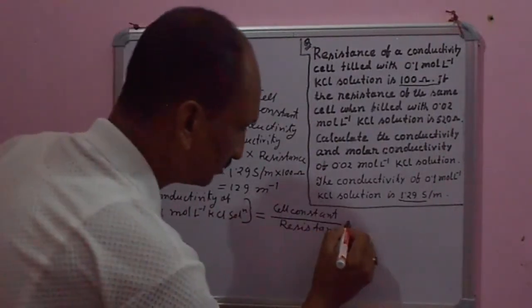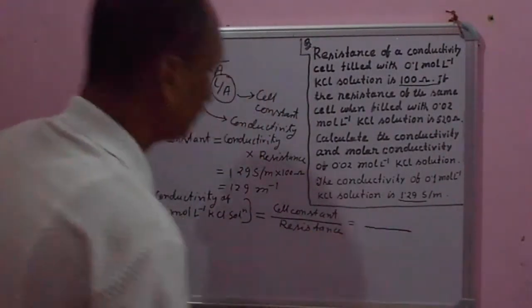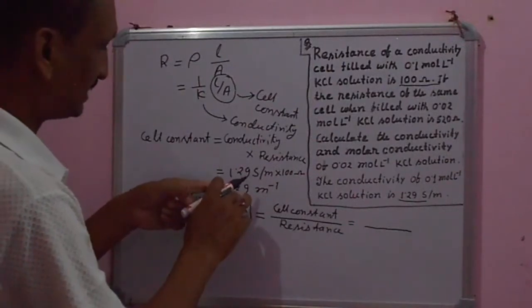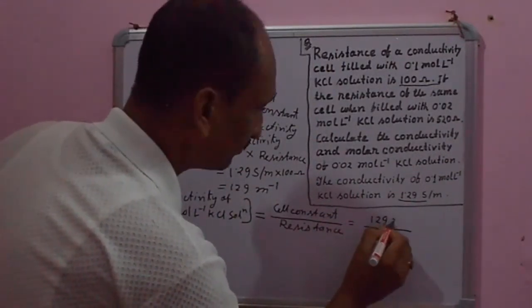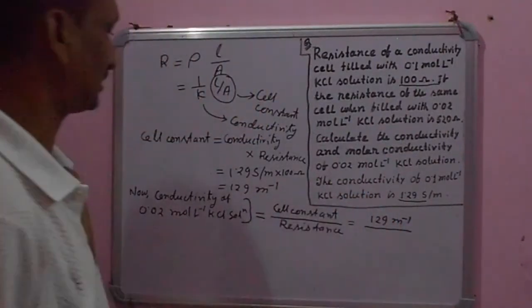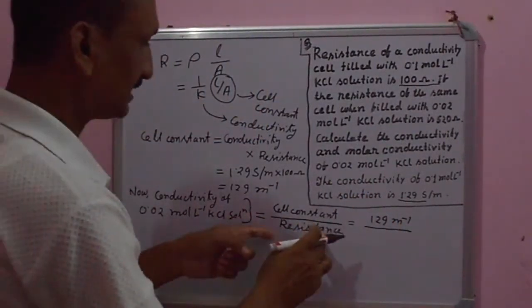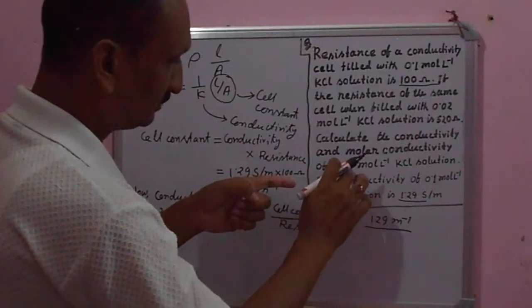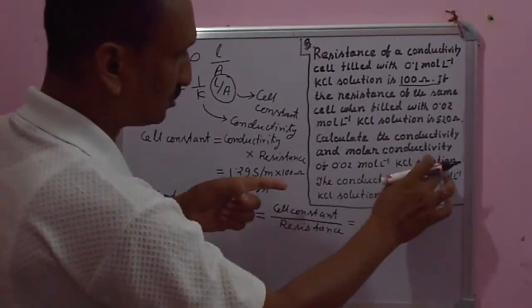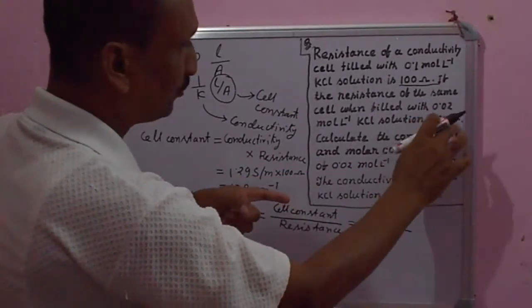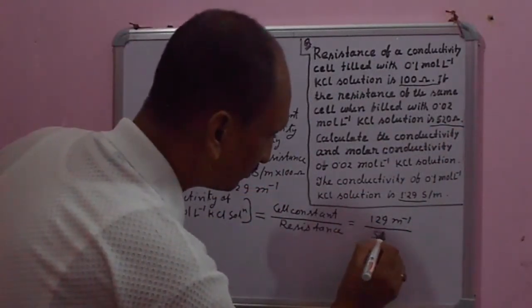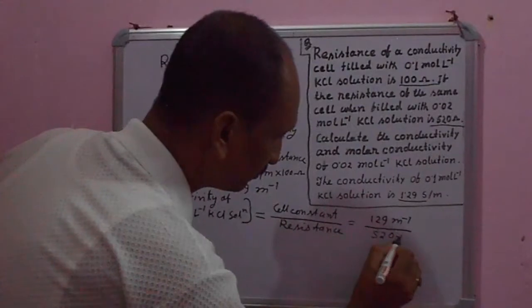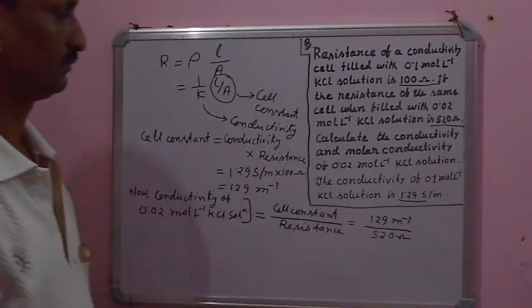Now the cell constant that is measured, that is 129 meter inverse, divided by the resistance of the 0.02 mole per liter KCl solution, that is given as 520 ohm.